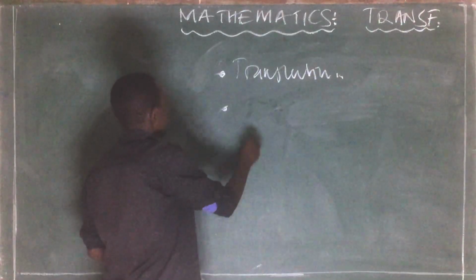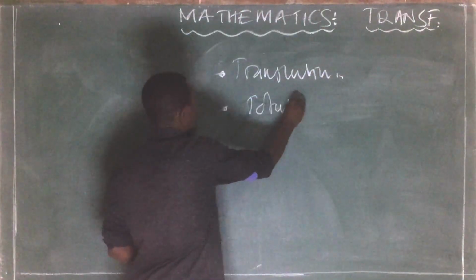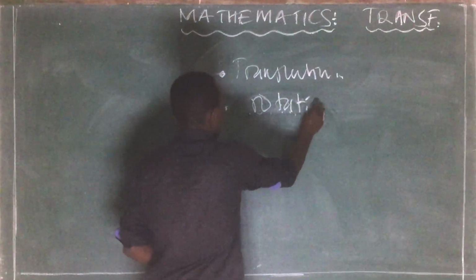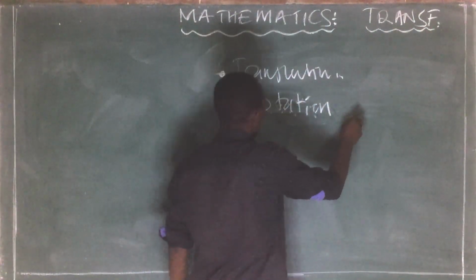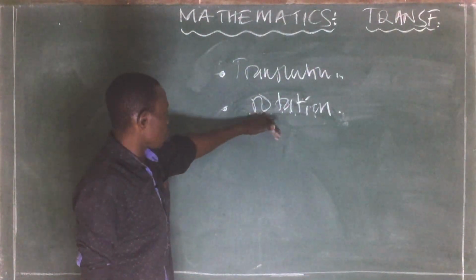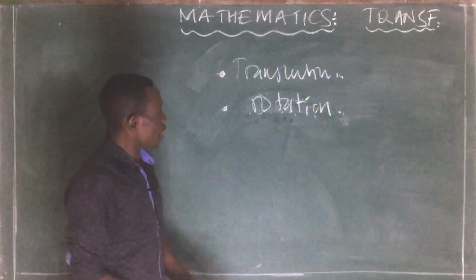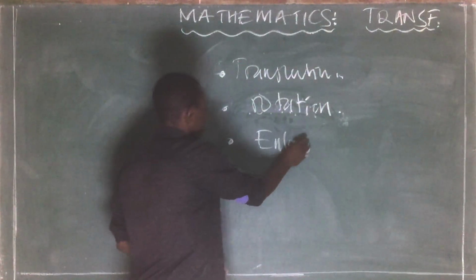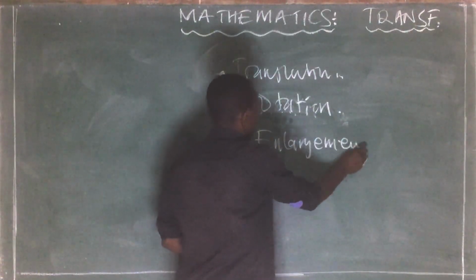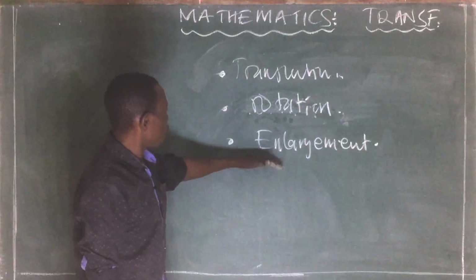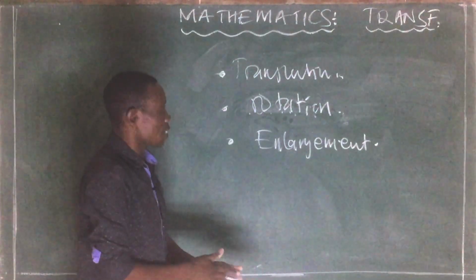Secondly, we talk of rotation, another way an object or a figure can be transformed. Today we'll be looking at rotation at large. Lastly, it is enlargement. This is the last way we are going to discuss in transformation.